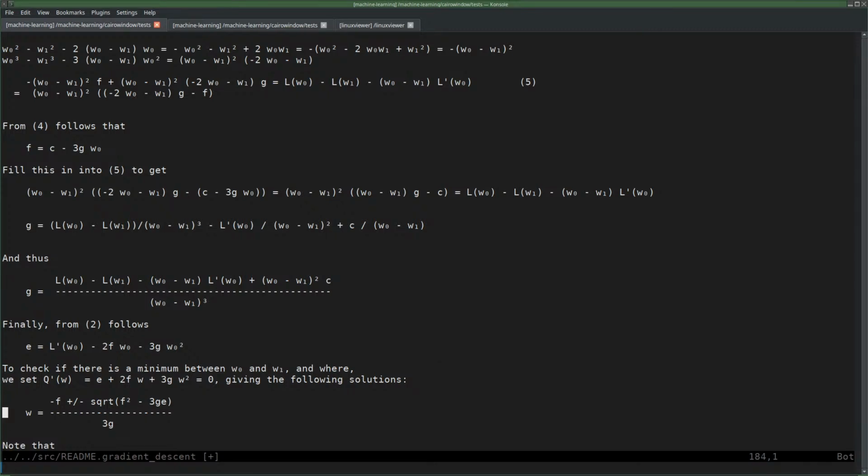And then we get w is minus 2f plus or minus the square root of 2f squared minus 4 times 3ge divided by 2 times 3g. So the 2 here drops away against that 2, and we get rid of the 4 here. That's also correct.